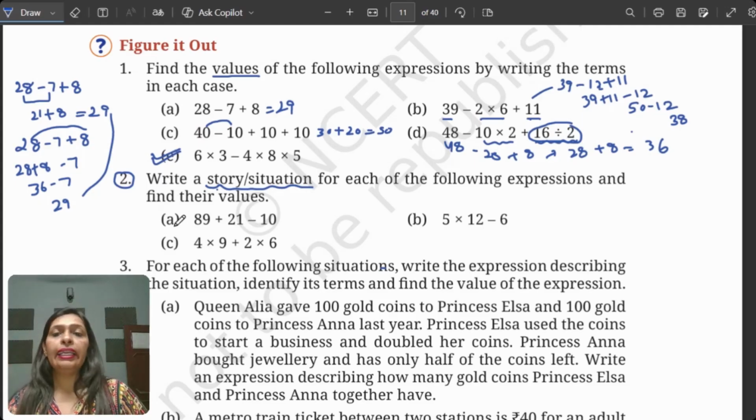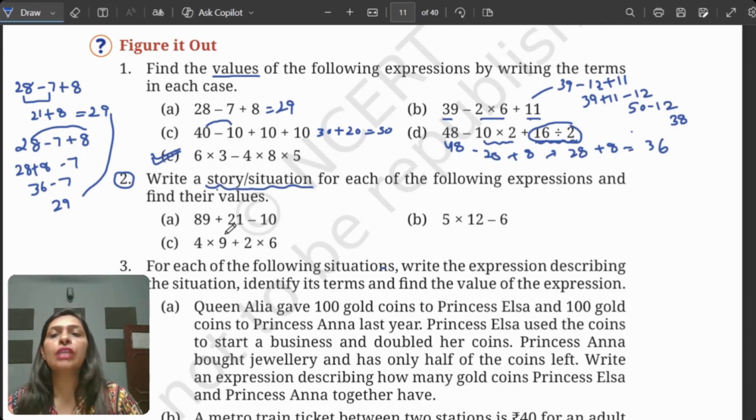It is like written 89 plus 21 minus 10. Remember that plus is always to receive something, something to increase. And negative means something is decreasing, or maybe we are giving something, or maybe we are getting a loss. So it depends on your situation what you are taking up.